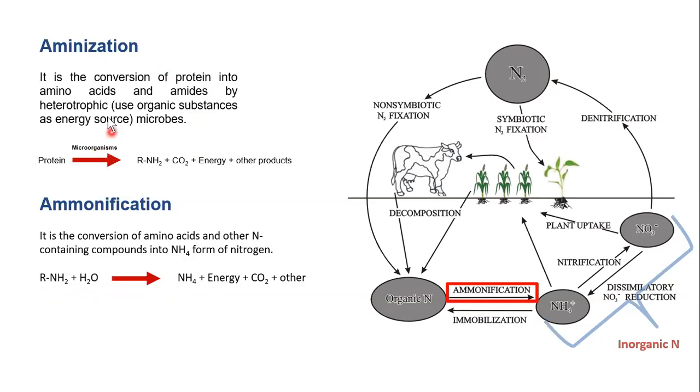If you see the nomenclature, this is ammonification: conversion of protein to amides through microorganisms, and conversion of amino acids and other N-containing compounds into the ammonium form of nitrogen is ammonification. So you can see here the ammonification, the conversion from organic N to ammonium.